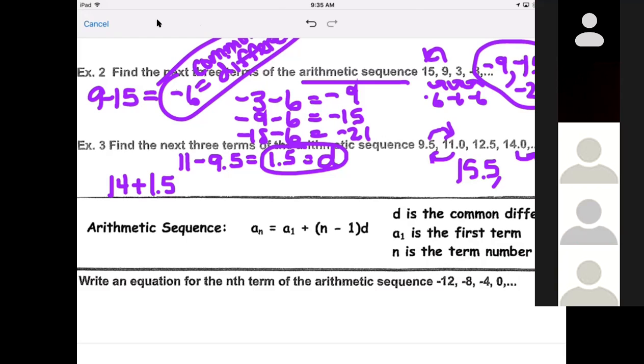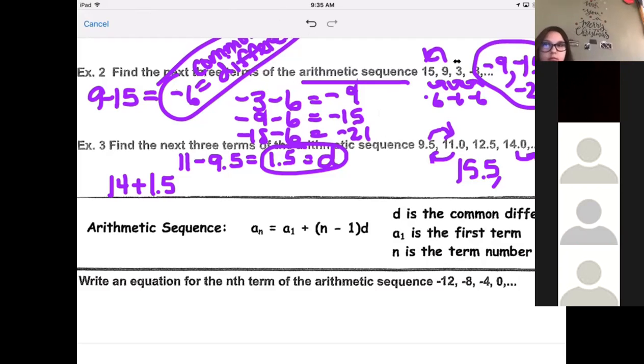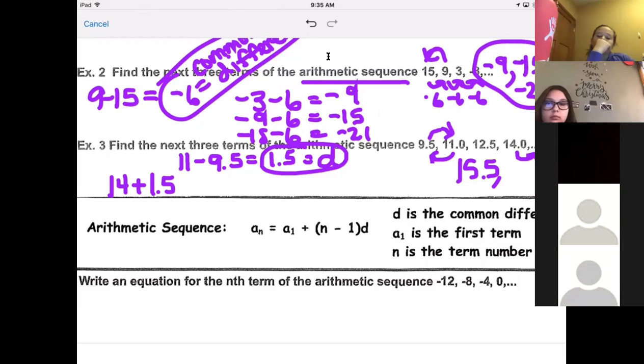Okay, do you guys remember how I said that if you didn't respond to my questions, then I was going to mark you absent? Do you remember that? I don't remember that. I think that might have been because you were not here. What? Okay, Nate, what do I do to get the next term in the sequence?